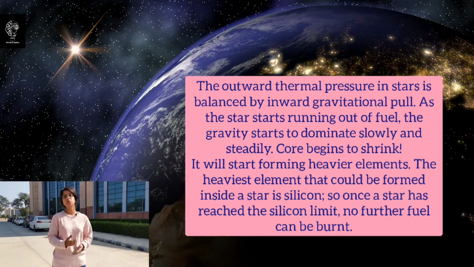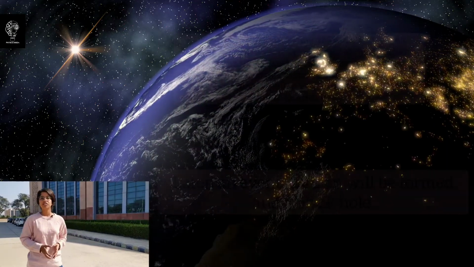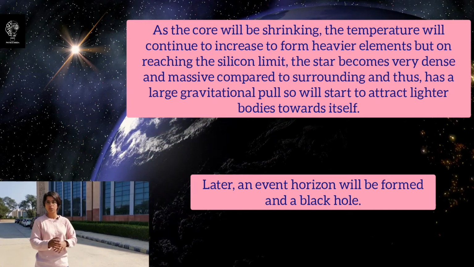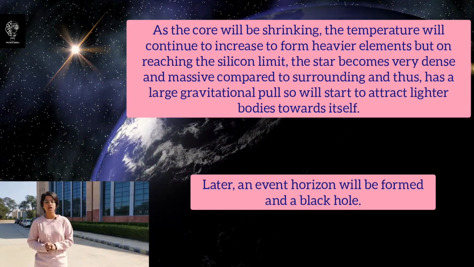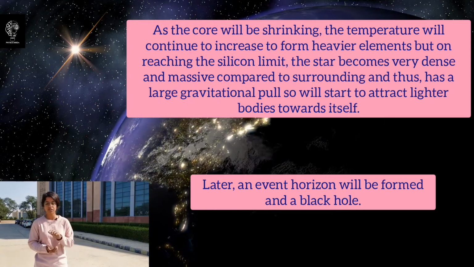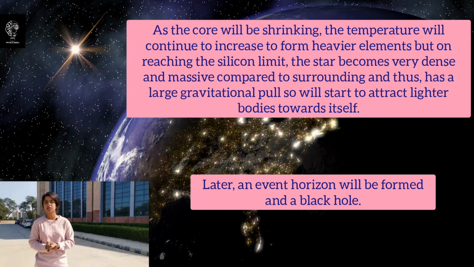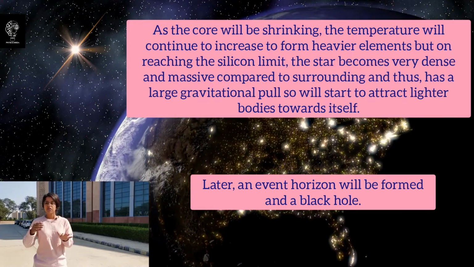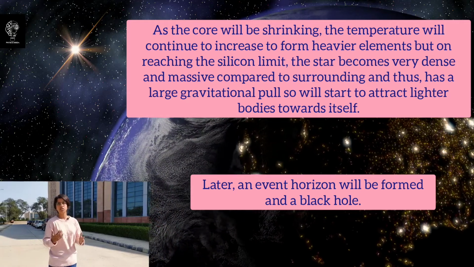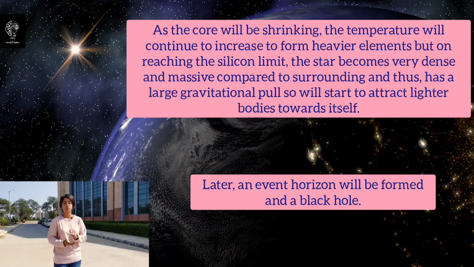The next thing you will see is that its gravity is very high compared to the objects around it, so it will start attracting those objects towards itself. This is the third stage. Eventually, over a period of time, you will see an event horizon forming around it, and then later a black hole would be formed.